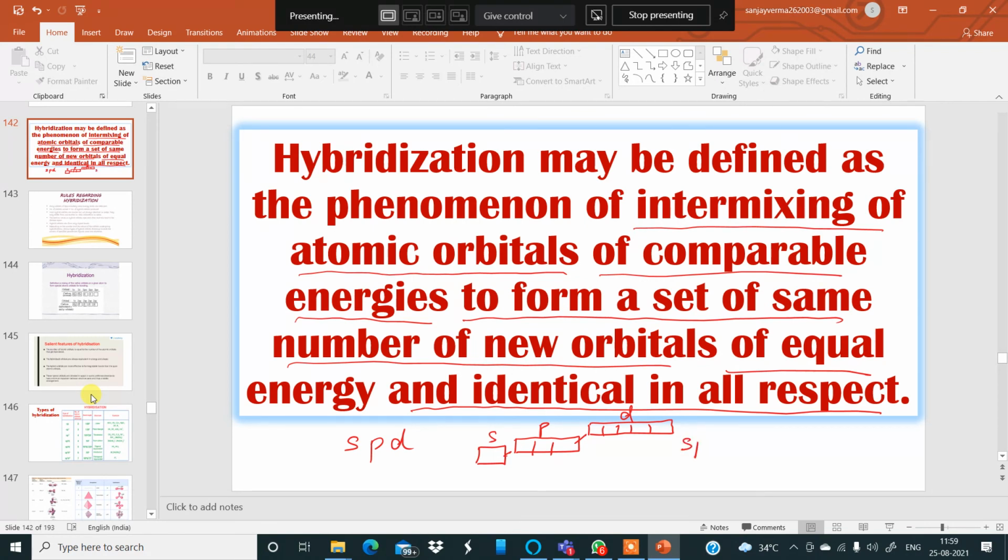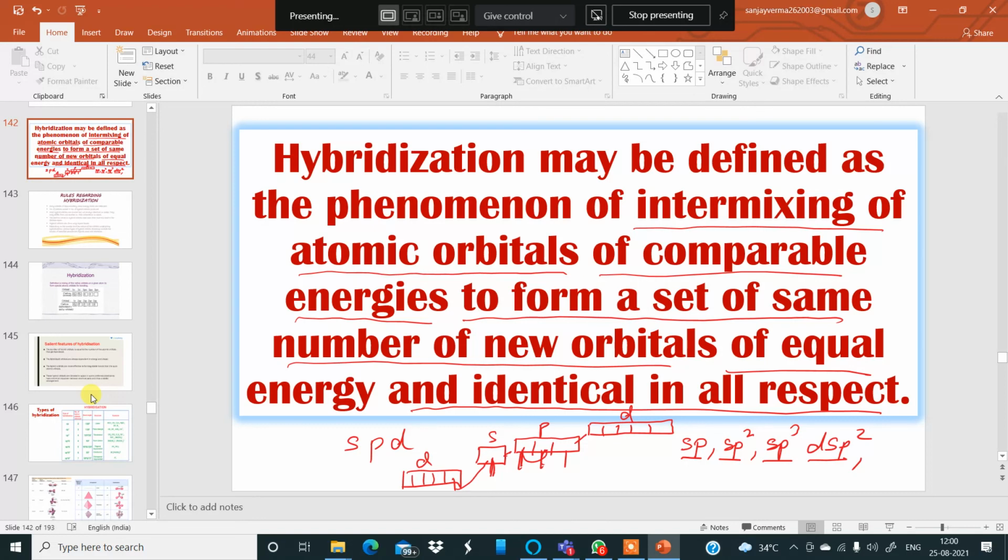We can have sp hybridization, sp2 hybridization, sp3 hybridization. If one s and one p mix, it is sp; one s and two p becomes sp2; one s and three p orbitals mix, it becomes sp3. We can further extend this to dsp2 also, with one lower d orbital, such as 3d, with one s and two p.